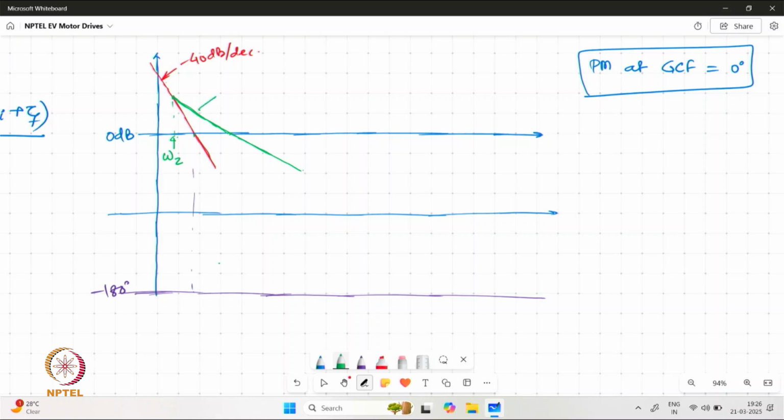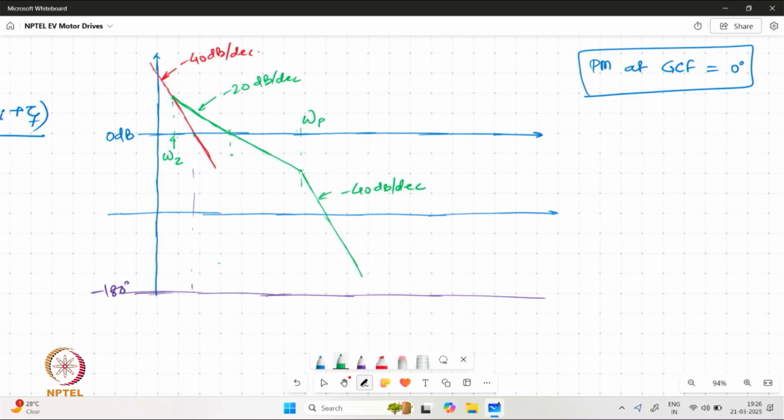And we need to have the location of the pole sufficiently far so that the magnitude plot crosses the 0 dB line with minus 20 dB per decade slope only. Later on, once the pole frequency is reached, it can return back to its original slope, minus 40 dB per decade.